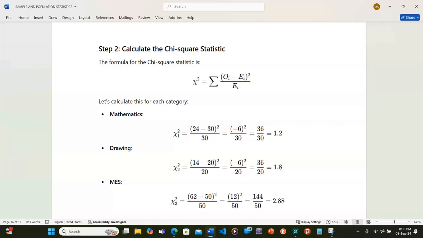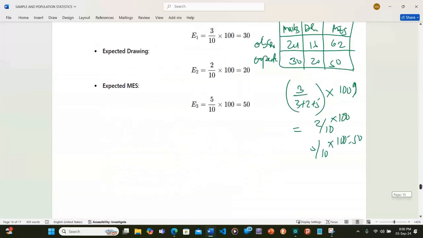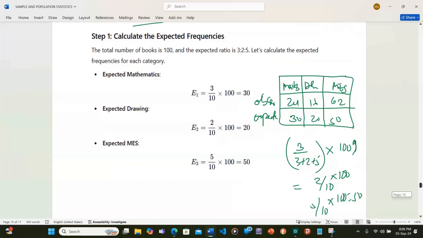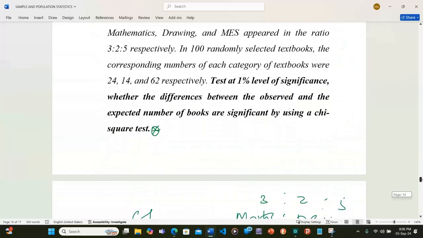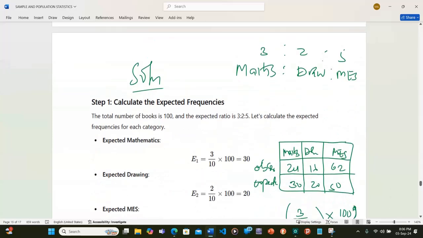For drawing, we have to calculate its chi-square value for math, for drawing, and for mechanical engineering science. So for drawing, the observed value is 14, and the expected is 20.